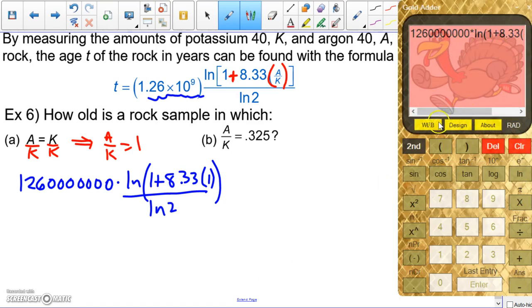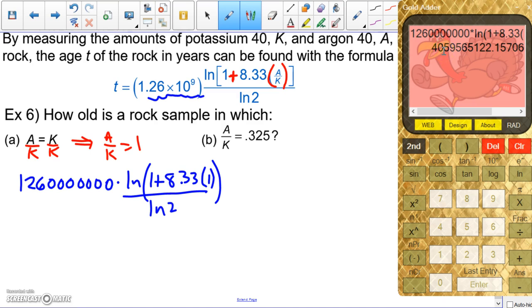So here I've got it typed in. You can see all that typed in, and notice I've got the 1 plugged in there. And so we get this big long number, and so count how many numbers in front of the decimal. 1, 2, 3, 4, 5, 6, 7, 8, 9 to get behind the 4.